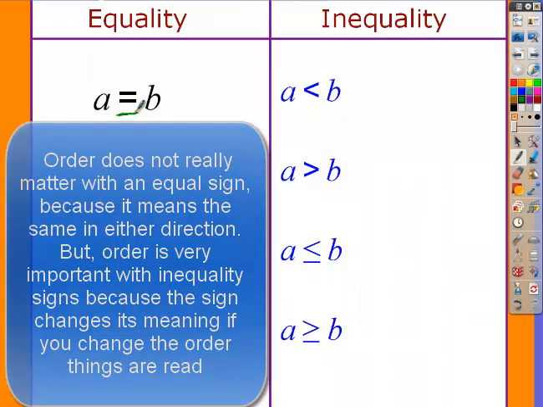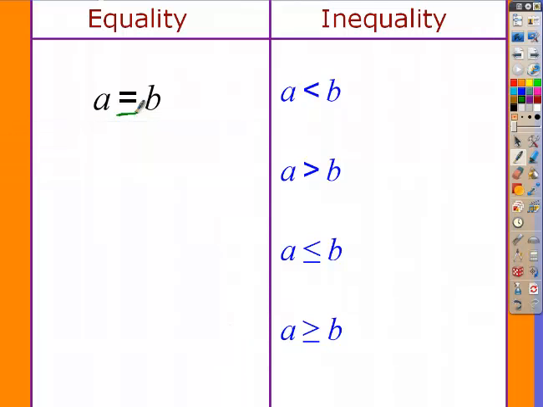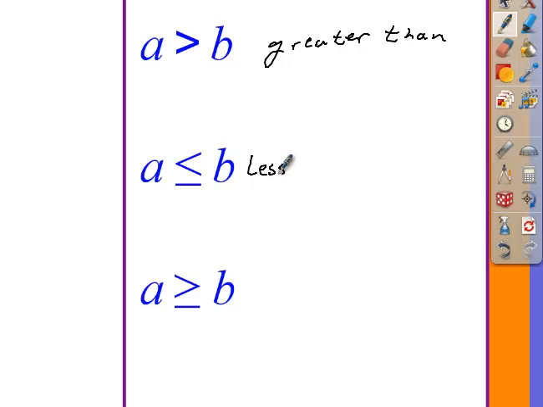For an inequality, we have four signs. We have less than, greater than, less than or equal to, and greater than or equal to.